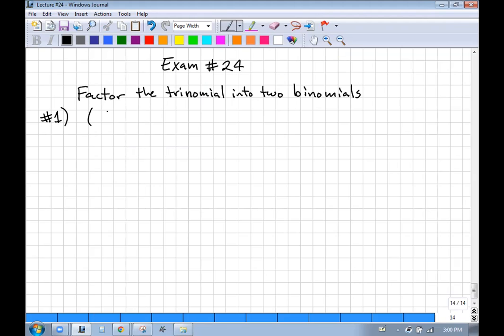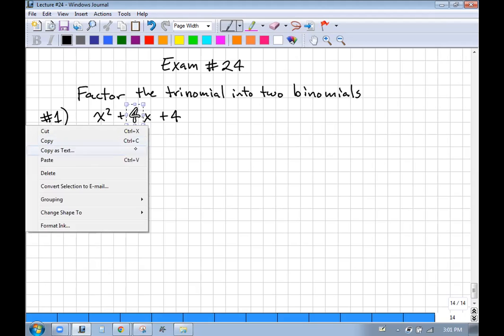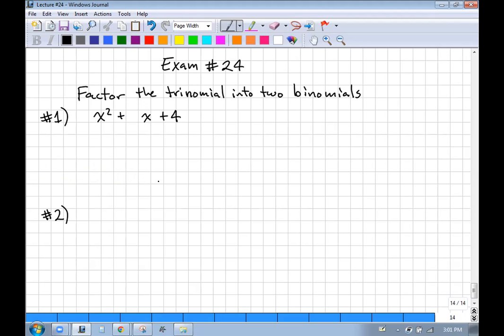So if I have an x squared plus 2x plus 4, all right? No, it needs to be a 4x. No. Hold on. I gotta do something real quick.